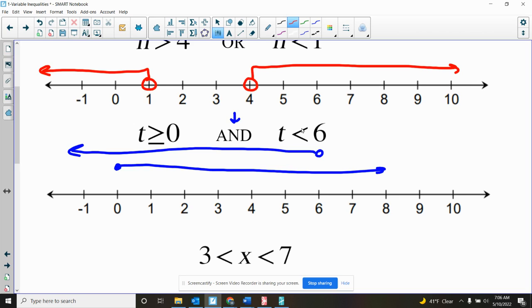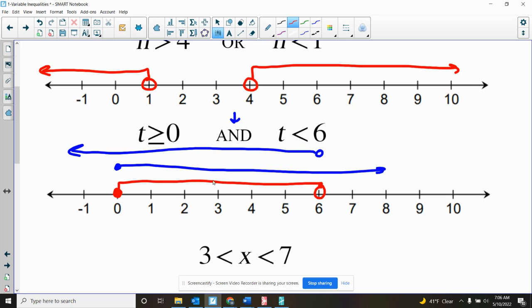As far as graphing your solution, you take a look at where the overlap starts. So here it's just the 0. Here is where the overlap starts with a filled-in circle. Then we overlap for a while. The overlapping ends right here with an open circle, and I want to include the parts in between.